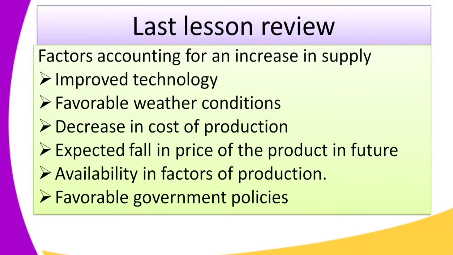Remember, I mentioned the factors of production, which include land, labor, capital, and entrepreneurship. If all the factors are available, that increases production. But if one is not there, production goes down or does not happen at all. Favorable government policies like reduced taxes, tax holidays, giving of subsidies, increase supply.